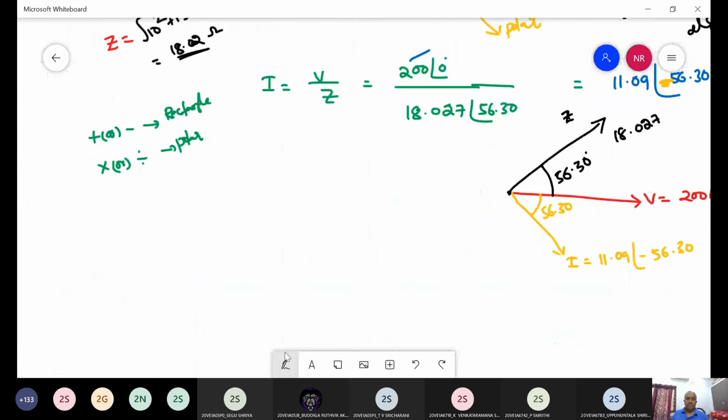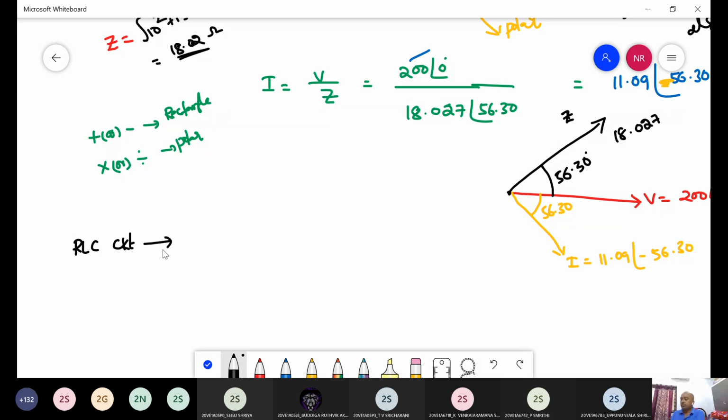So in an RLC circuit, Z is equal to R plus j(XL minus XC), right?